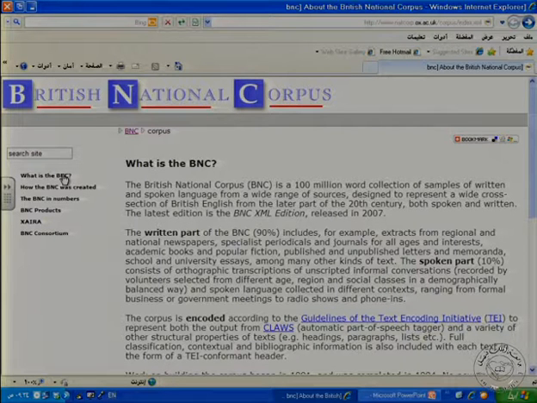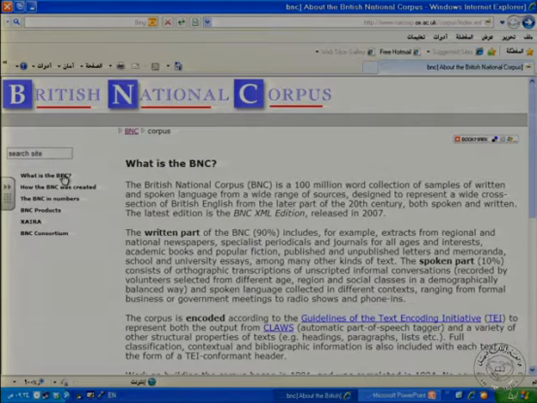Which variety? British English. Which range of years? The 20th century. So, sources from different places: TV, radio, telephone calls, newspapers, essays, articles from a wide range, and we are going to read about it here.